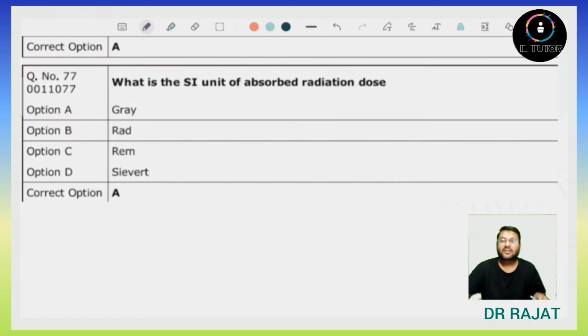Which of the following is the SI unit of absorbed radiation dose? So if we talk about the absorbed radiation dose, then it will be gray. Now if we talk about the sievert, then it is for equivalent dose.